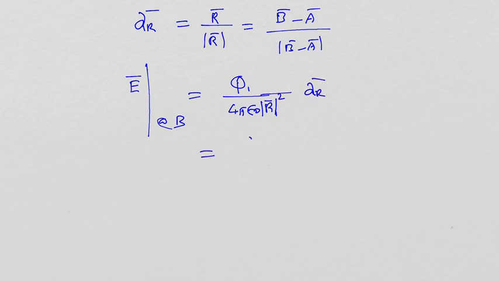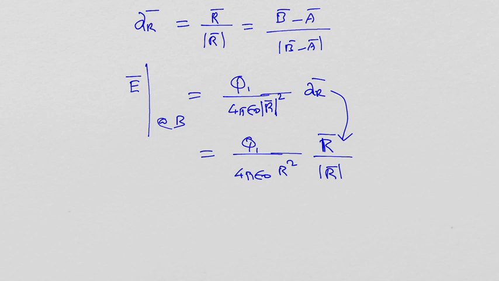So Q1 by 4 pi epsilon naught R squared, and AR is represented by vector R by the modulus of vector R. This AR is the corresponding vector divided by the magnitude of the vector. The unit is already specified as volt per meter.